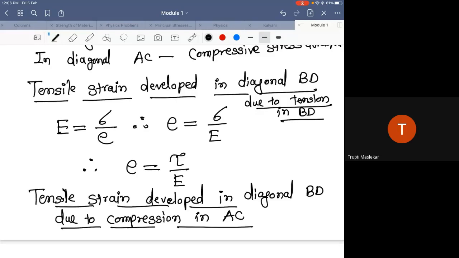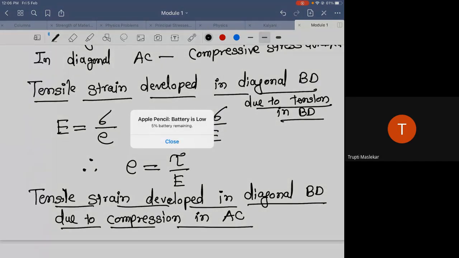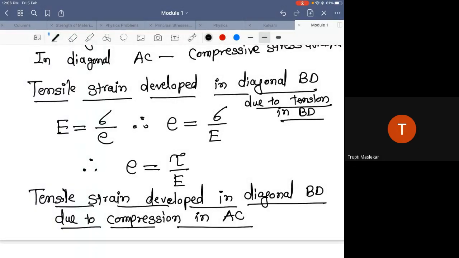Because we know that if a member is subjected to tension or compression on any face, automatically there is a development of linear strain as well as lateral strain. एक डायरेक्शन में अगर एक मेंबर बढ़ रहा है तो उसके इफेक्ट की वजह से दूसरी डायरेक्शन में वो कम होता है. Yes, correct.